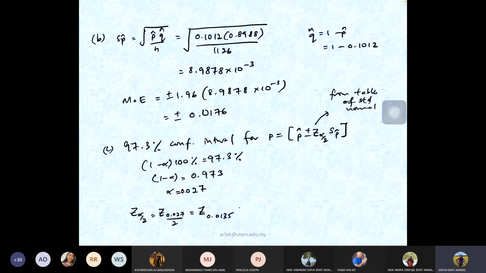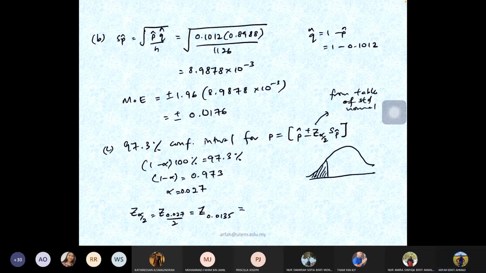Okay, so tengok dekat dalam table of standard normal berapa nilai this one. Dalam adalah 0.0135. So apakah nilai dia? What is the value of negative Z alpha?